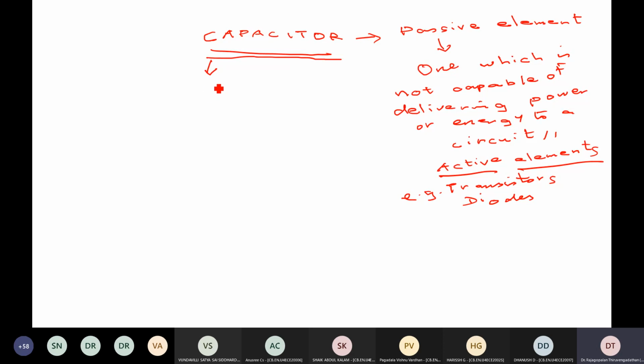More specifically, I would like to say that it stores electrostatic energy. How? Let us try to understand how I make this statement. So I am going to draw a few things here.